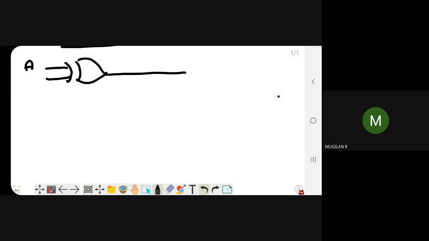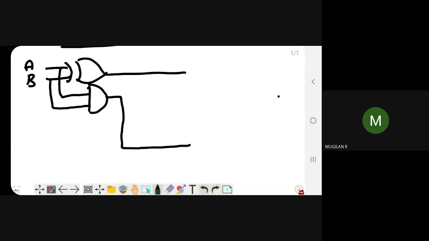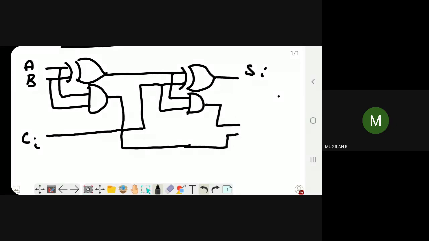So this is A and B. Next one is C in. So this is your final output, and this is your carry out. I will tell why I have mentioned Ci plus 1 later.